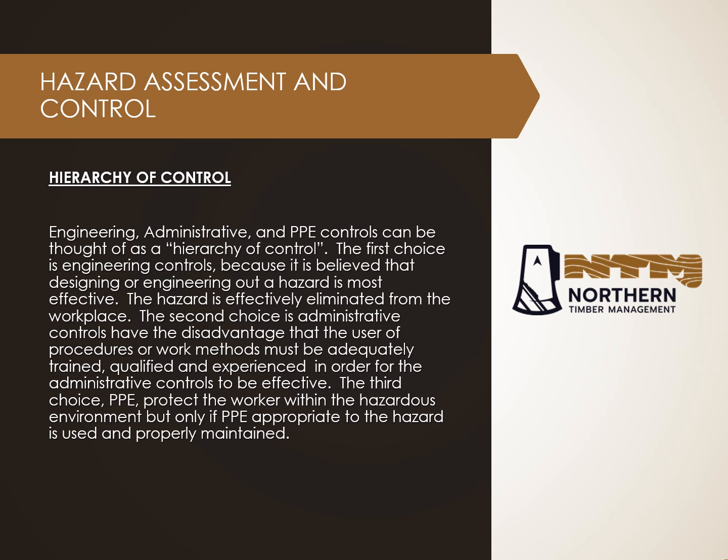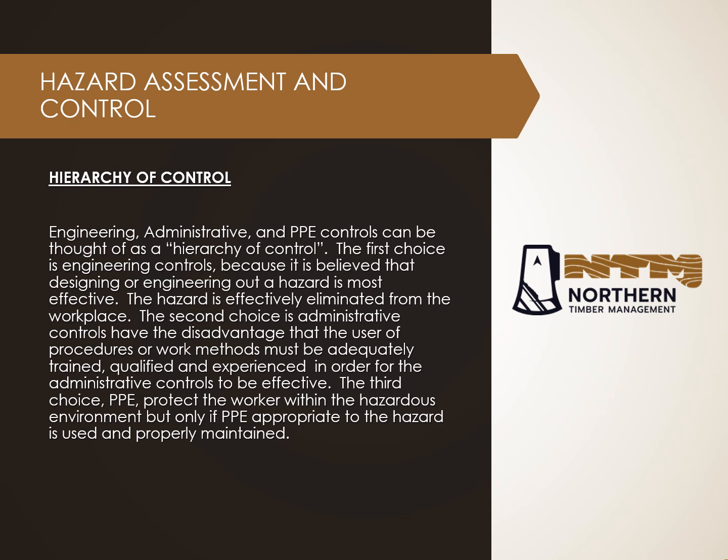Hazard assessment and control. Hierarchy of control. Engineering, administrative, and PPE controls can be thought of as a hierarchy of control. The first choice is engineering controls because it is believed that designing or engineering out a hazard is most effective. The hazard is effectively eliminated from the workplace.